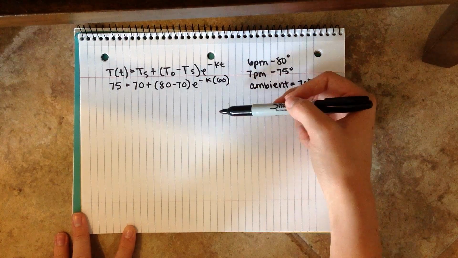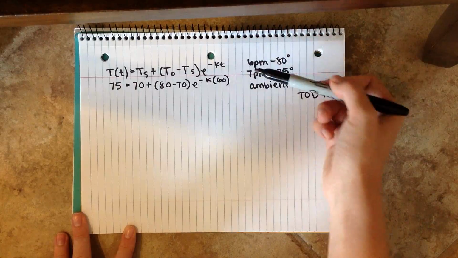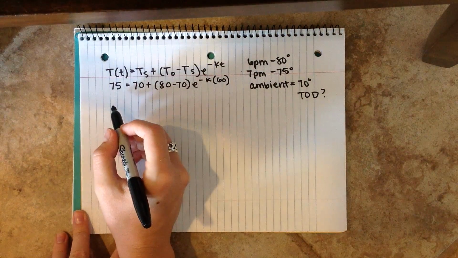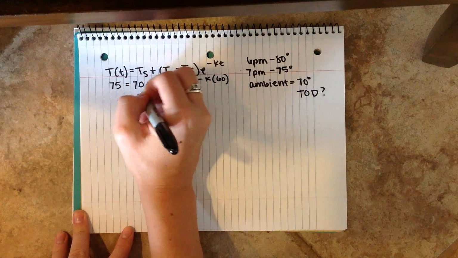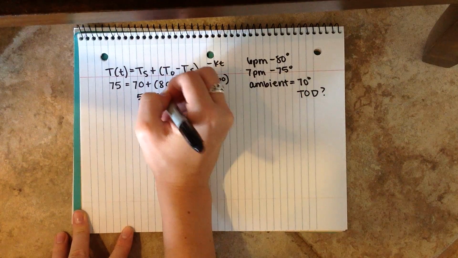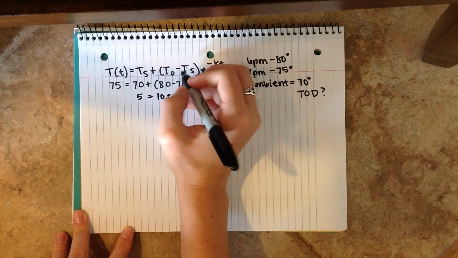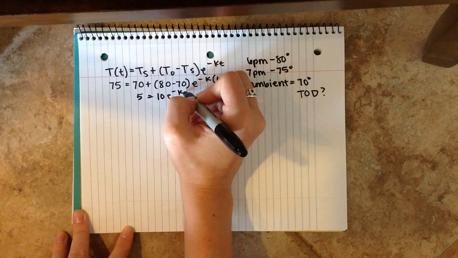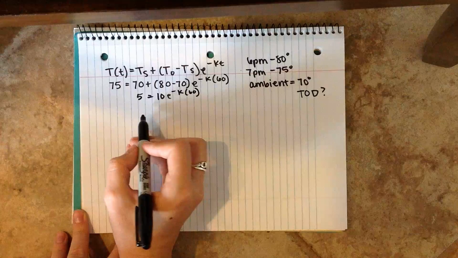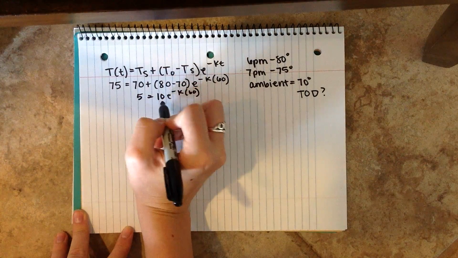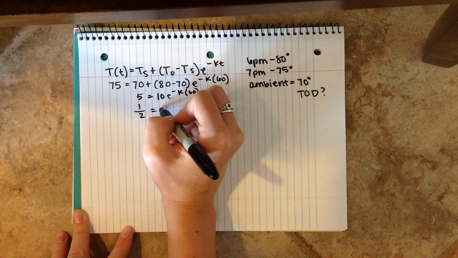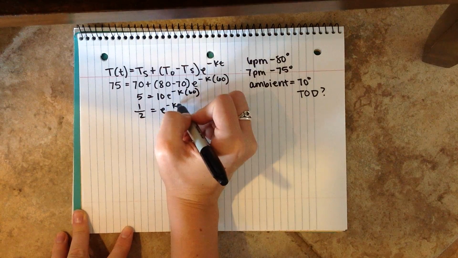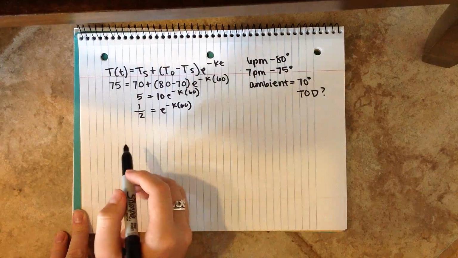I just think it'll be easier to use 60 for minutes. Then you simplify this down to 5 equals 10 e to the negative k times 60, and then divide 5 by 10, which gives you 1/2 equals e to the negative k times 60.